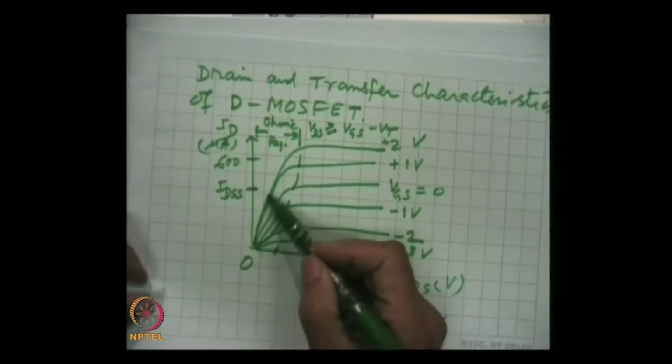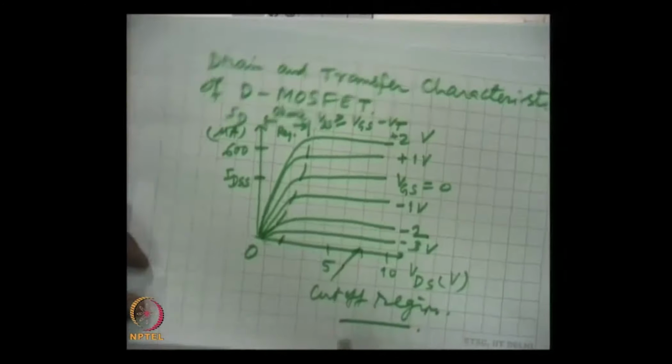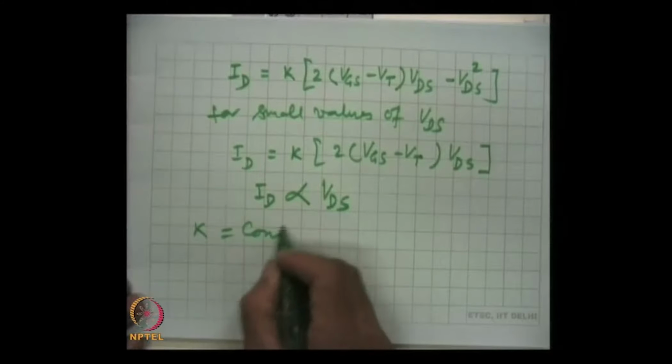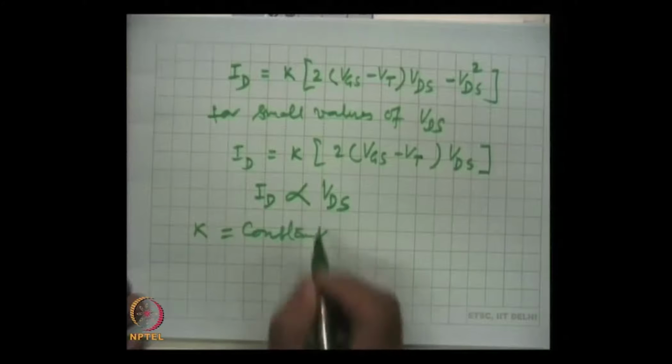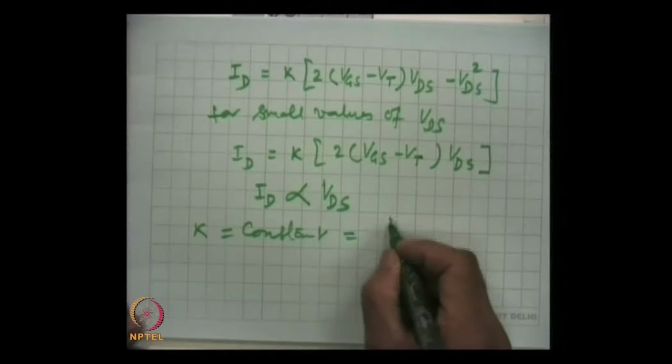The current is dependent on VDS, and almost linearly it varies with VDS, and K is a device constant, equal to IDSS by VT square.